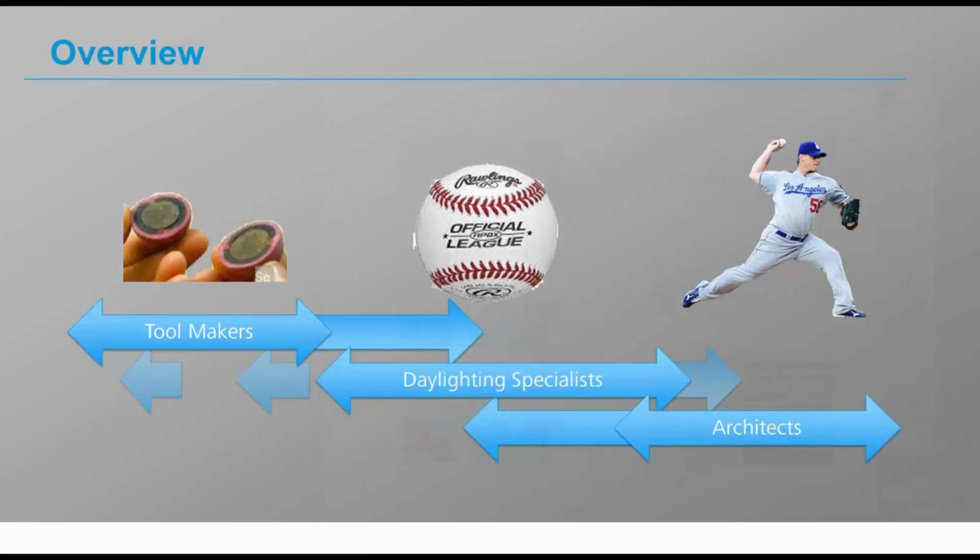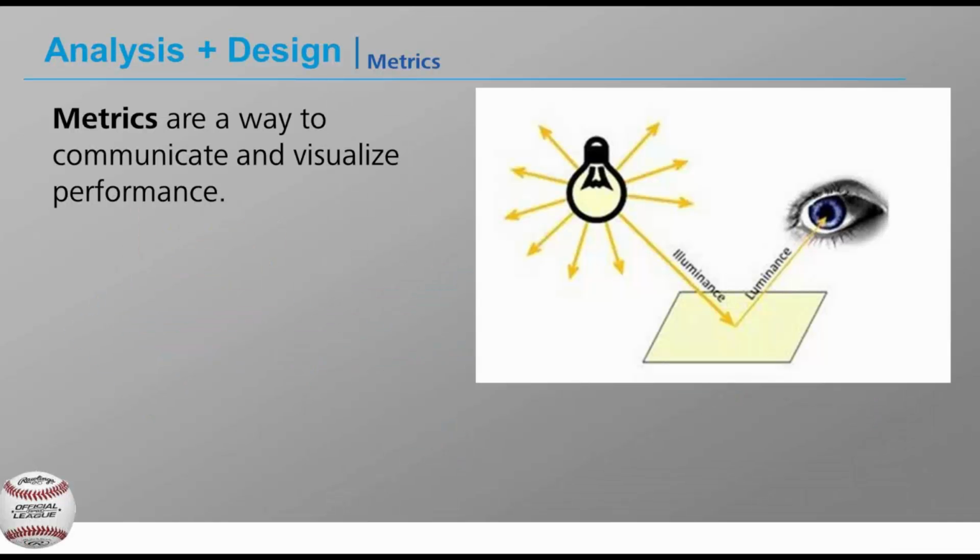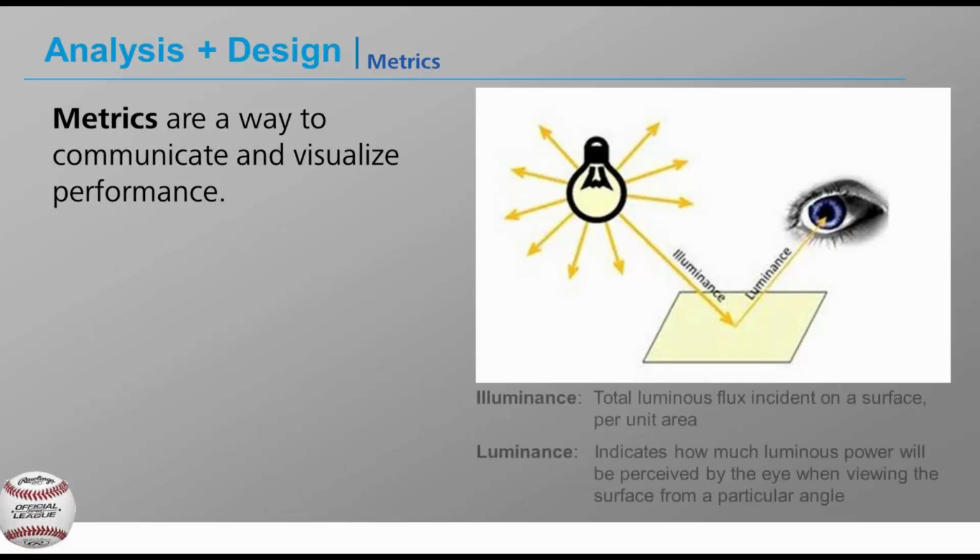Now, what we're working with here, to narrow down the process to something measurable that we can use to give us feedback of a yes or no, good or bad, is we need to find a metric that represents the performance of daylighting.